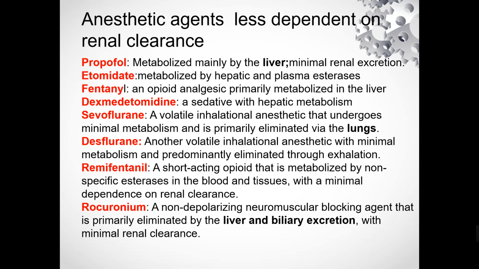Anesthetic agents less dependent on renal clearance include propofol, a widely used intravenous anesthetic with rapid onset and short duration, primarily metabolized by the liver; etomidate, another intravenous anesthetic with minimal renal excretion, metabolized by hepatic and plasma esterases; fentanyl, an opioid analgesic primarily metabolized in the liver; dexmedetomidine, a sedative with hepatic metabolism and minimal renal excretion; and sevoflurane, an inhalational anesthetic with minimal renal metabolism, primarily eliminated via exhalation.